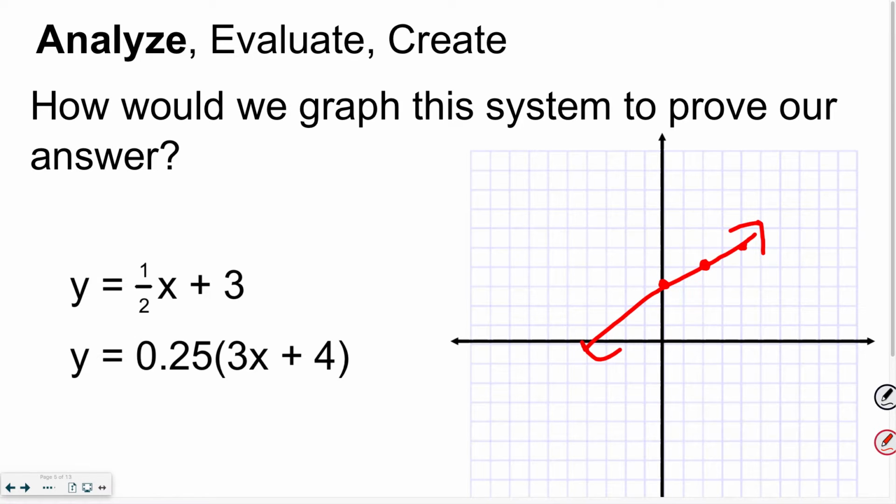Do we agree? What do we think? Okay. Why did you put that first point here? That's where the line crosses the y-axis. That's correct. And then what did you do from there? I started with 1, over 2, up 1, over 2. Good. And someone come to the second one for me.